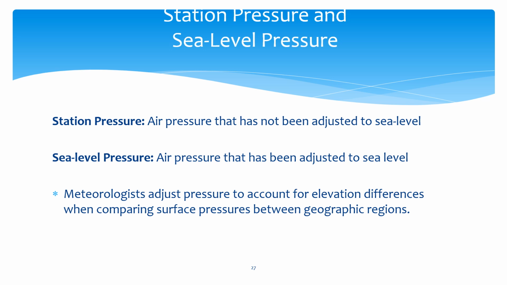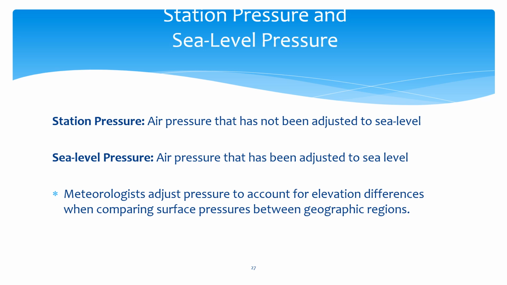So why do we care? What does it matter whether it's adjusted to sea level or not? Well, there are going to be differences between those pressure measurements taken at different locations depending on their elevation. We know from the last unit that as you go up in elevation, your air pressure is going to decrease.